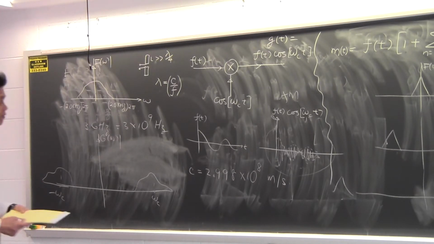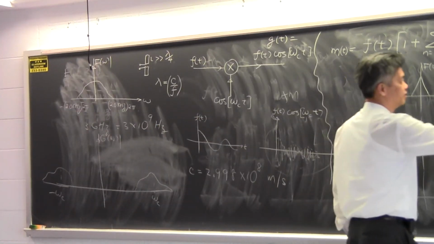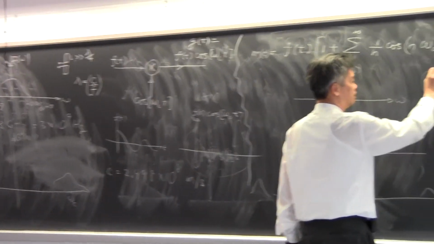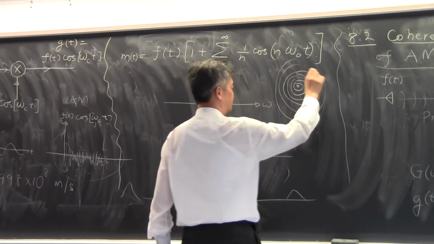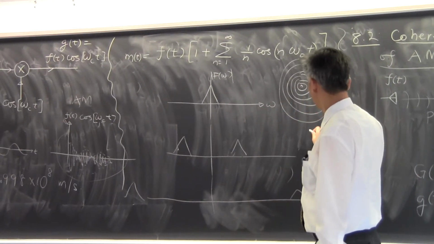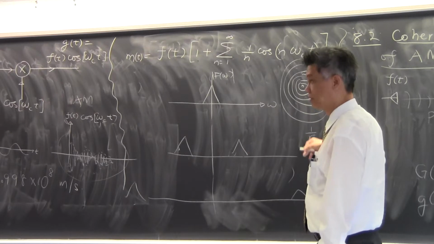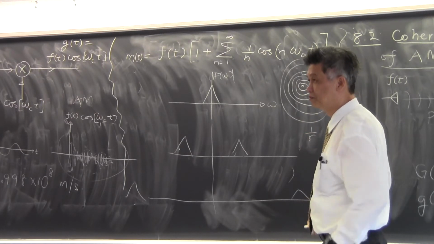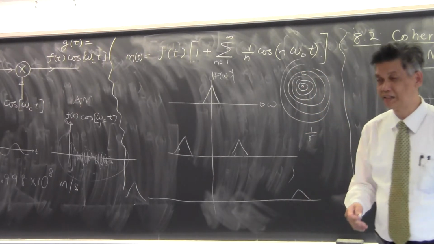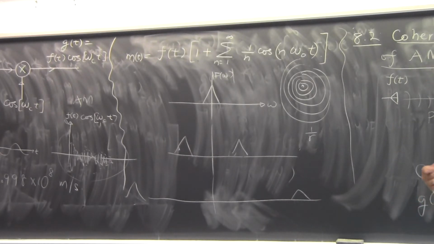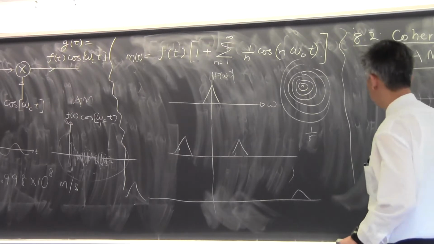Have you heard of spherical wave? If you have a point source, the wave leaves the cell phone like a spherical wave. So this is 1 over r decay. The power goes as 1 over r squared, but the strength of the signal goes as 1 over r. The electric field goes as 1 over r.